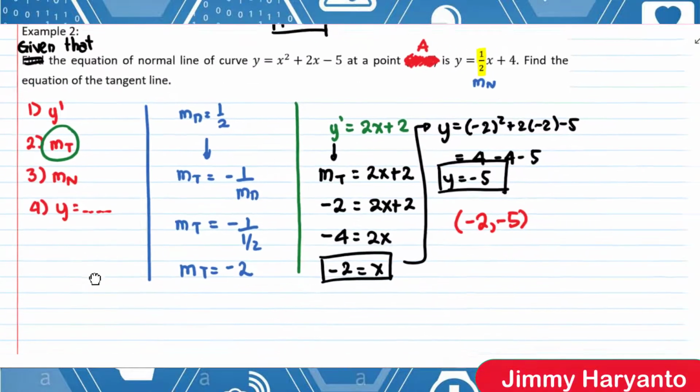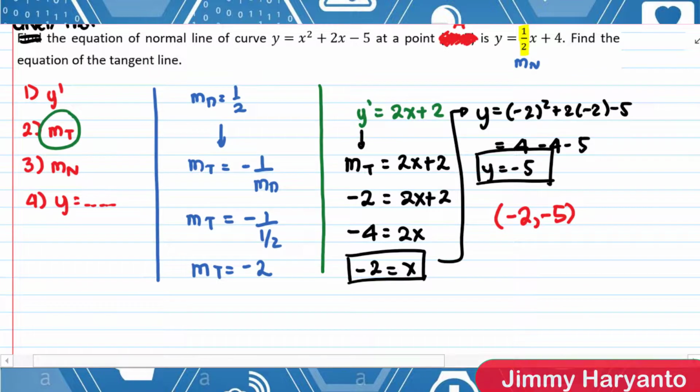Okay, the question wants you to find the tangent line because we already have the gradient of tangent. Which one? The gradient of tangent is this one. Okay, we already have -2, and then we also have the point of A. That means we can find the tangent line directly, ya.